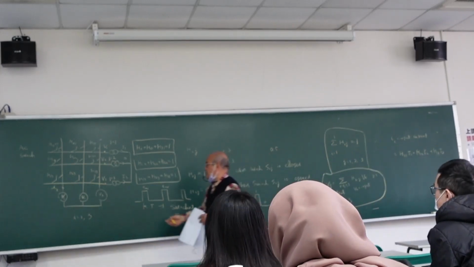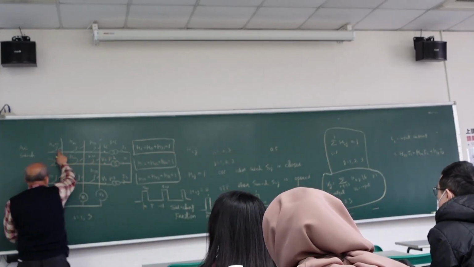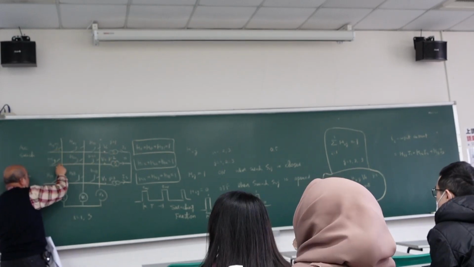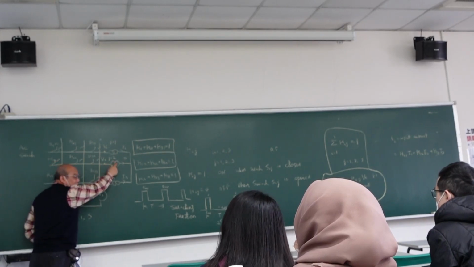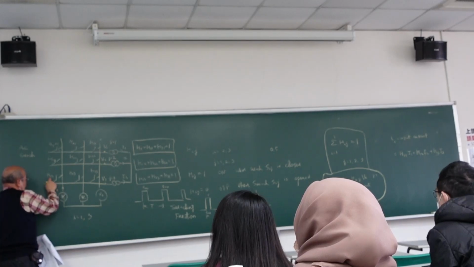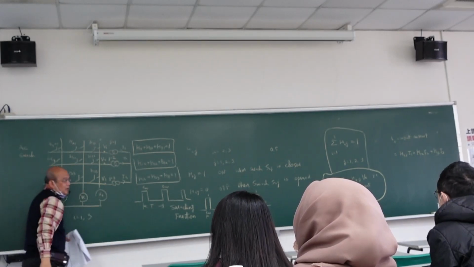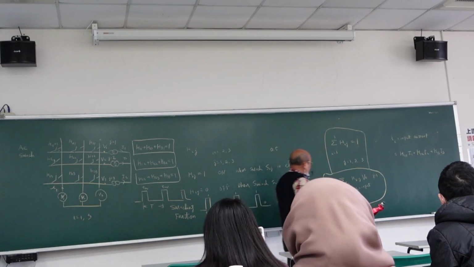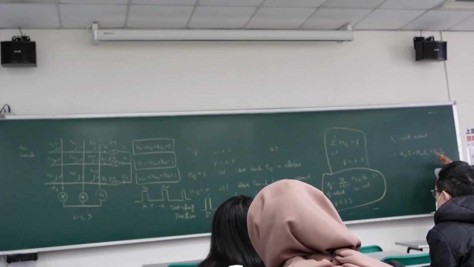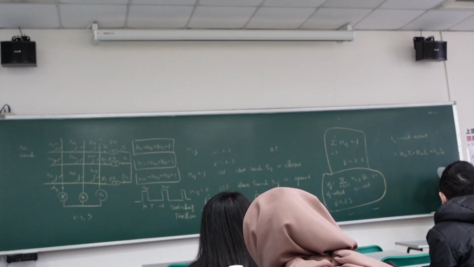So this current, if this switch on, then it is H11 I1. If this turn on, then it is H12 I2, right? If this turn off, this turn on, it is H13 I3. So we can write down this way. So we can say Ii is equal to this.